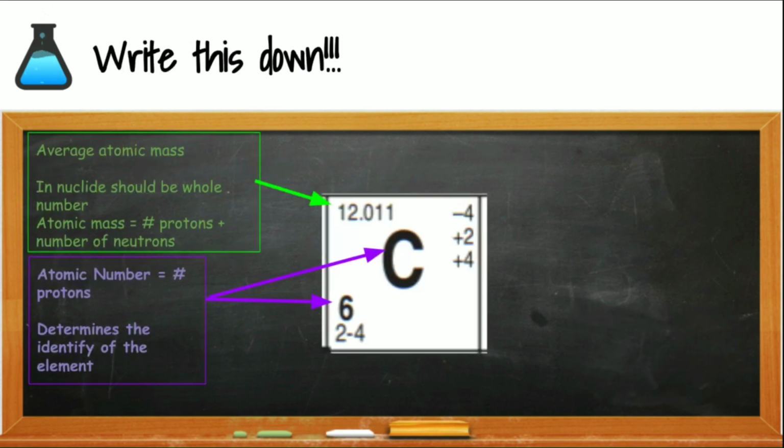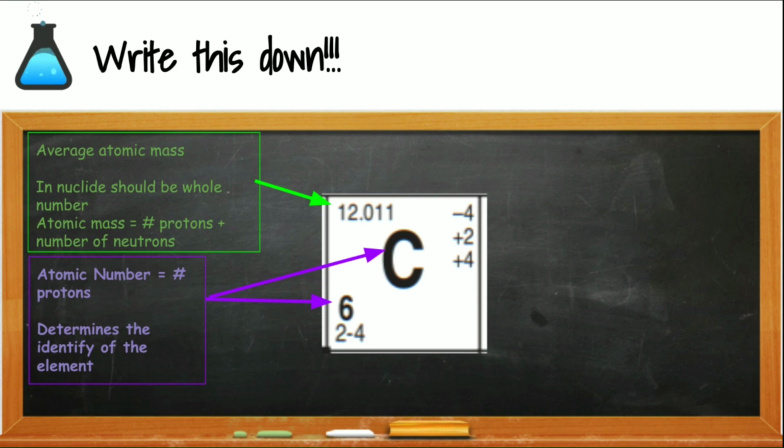Now, the next number we're going to focus on is actually the average atomic mass. Now, again, that's an average, but it's directly related to the atomic mass. So the atomic mass is the number of protons and the number of neutrons in an element. The atomic mass is always a whole number.